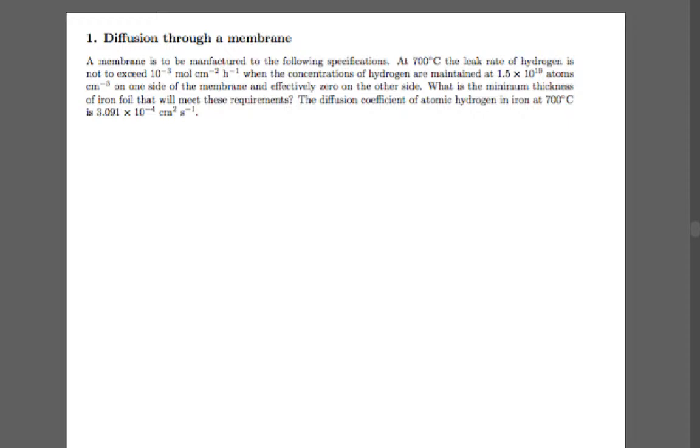Okay, so let's first write everything that we know. This is basically Fick's first law, which is J equals negative D... Wait, what was Fick's law? Let me just get my book.